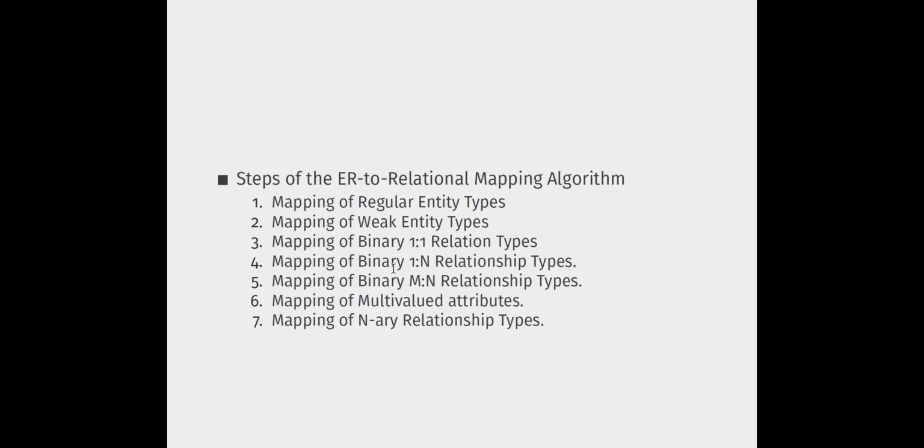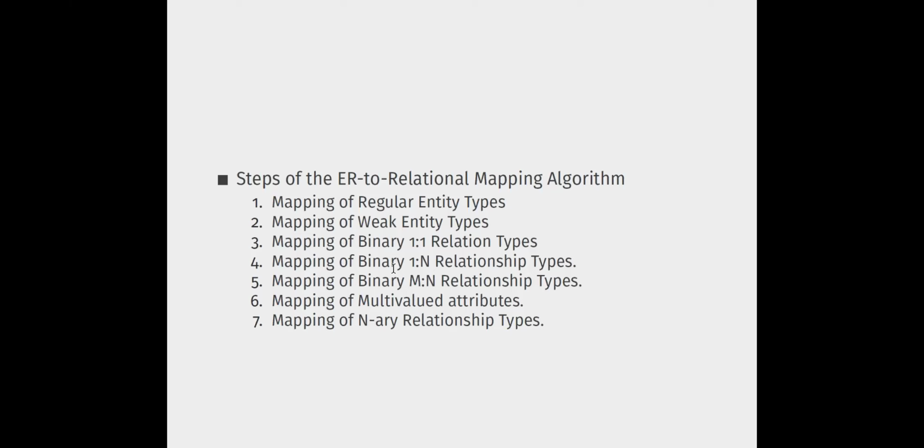Now, since you have already done that, the next one is the mapping. That means you are given an ER diagram. How do you identify a relational model, that means your logical model?